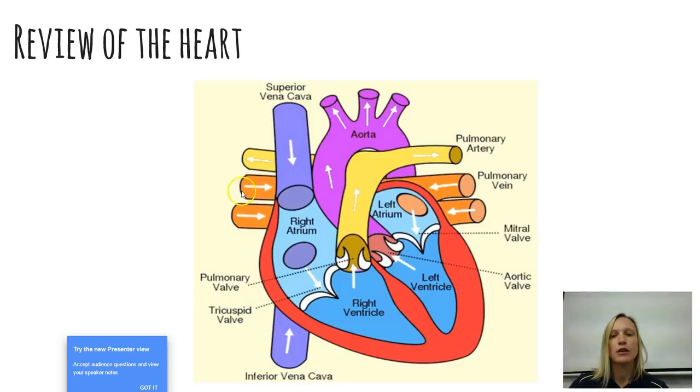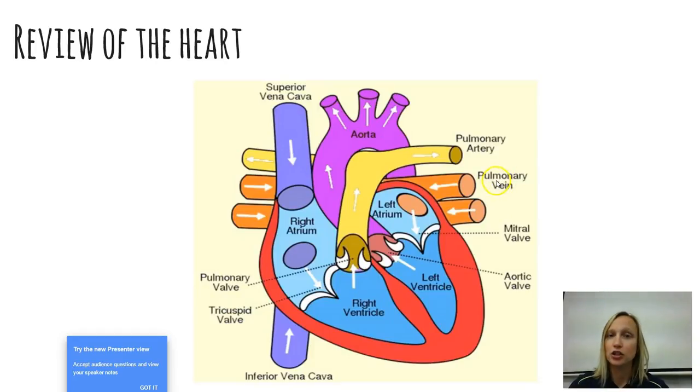Okay, same with here, these also lead to here. Okay, so that's the left atrium here, and it's the pulmonary vein that's bringing the blood in. Now, anytime you hear the word pulmonary, you need to think of the lungs. Okay, pulmonary is to do with the lungs. So the pulmonary vein is bringing blood to the heart. It's a vein, it's bringing blood to the heart, and it's bringing it from the lungs.